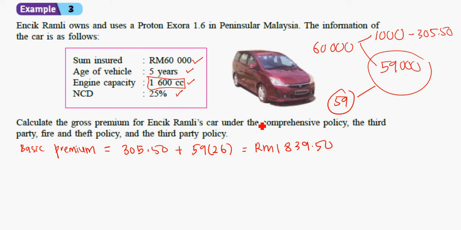And then don't forget that Encik Ramli has NCD 25%, so he can get discount 25%.